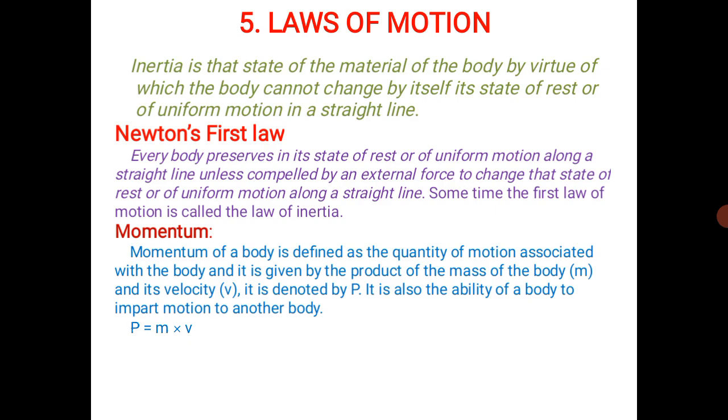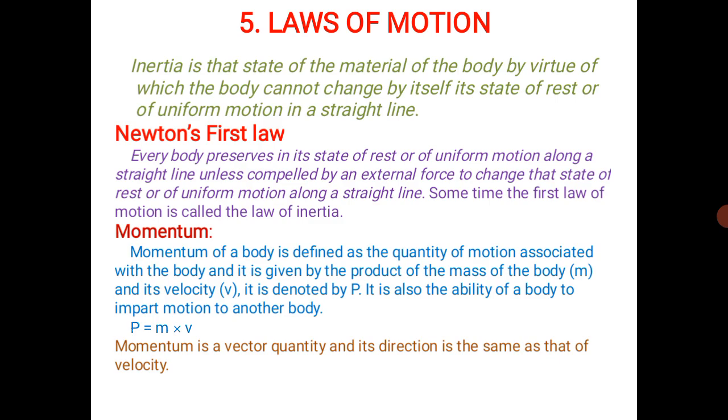And this momentum is a vector quantity, and its dimension is M L T minus 1, and the SI unit is kg meter per second. Okay, so these are some important terms.